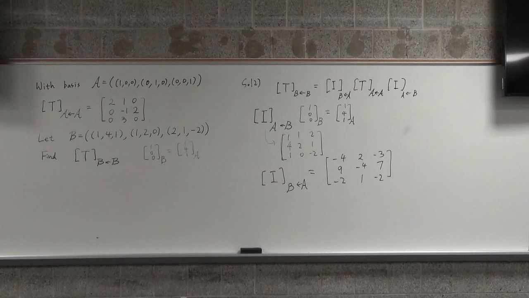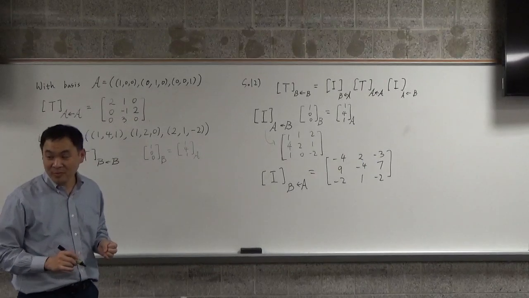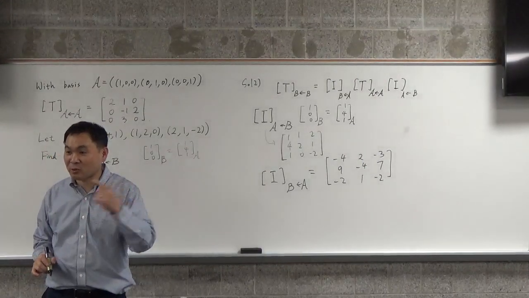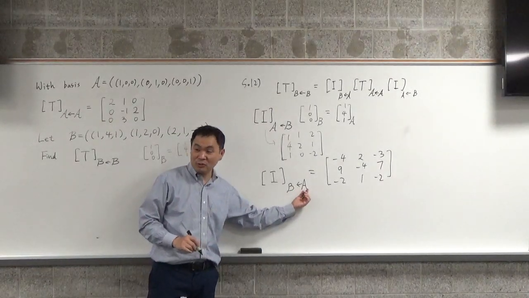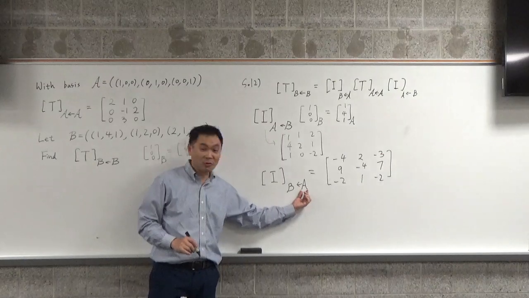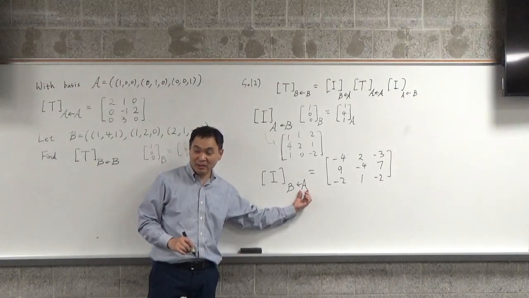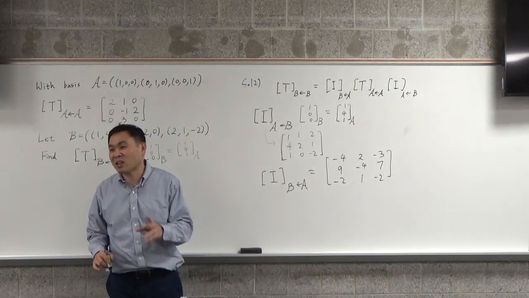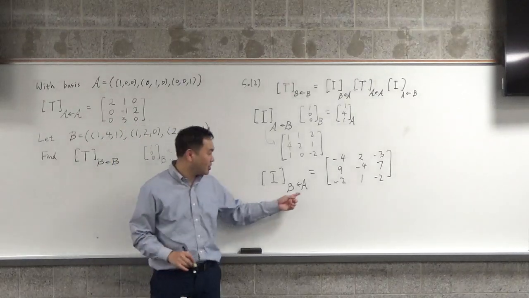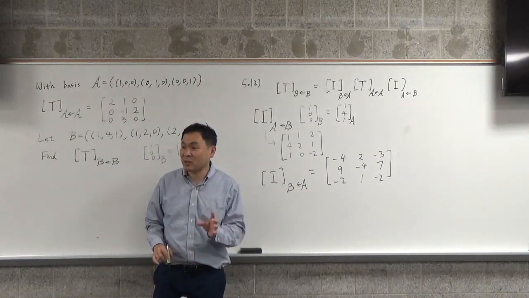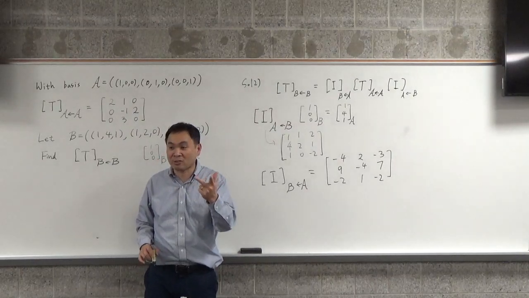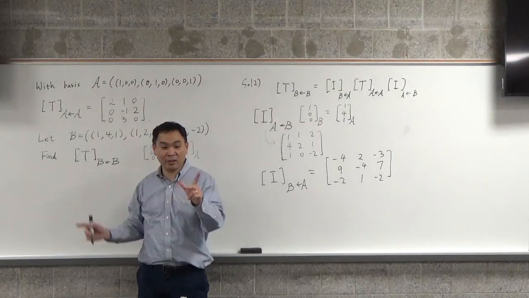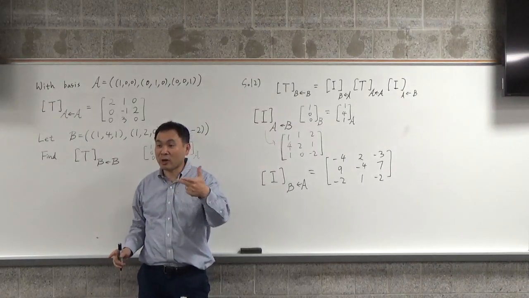Yes? So just to reiterate, I from A to B is the inverse of I from B to A. Yeah, because it converts backwards. What this does is it takes vectors that are written in coordinate system A. I say coordinate system because that's what it's really doing. So A is really a set of basis vectors, but if you choose a basis, you basically have a coordinate system, where the standard one is the usual x, y, z.